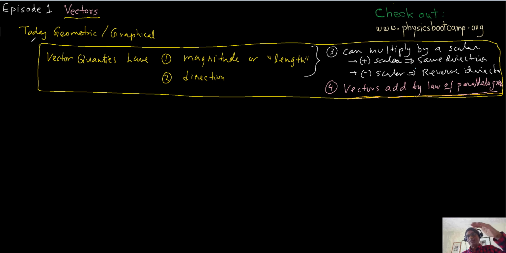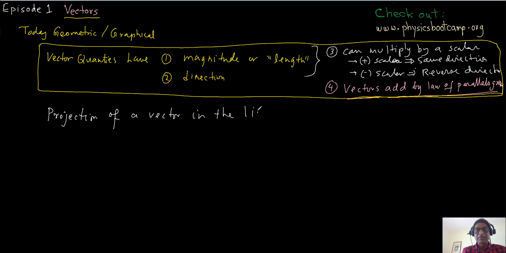So the direction is the direction of another vector, right? So we have a property which is called the projection of one vector, the projection of a vector A in the direction of the other vector, in the line of action of another vector.